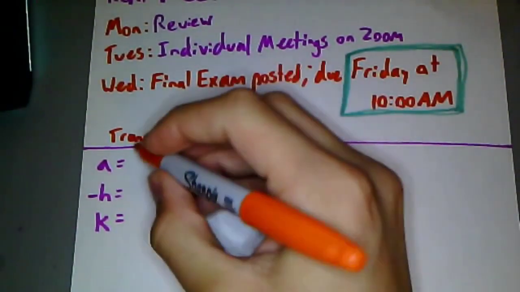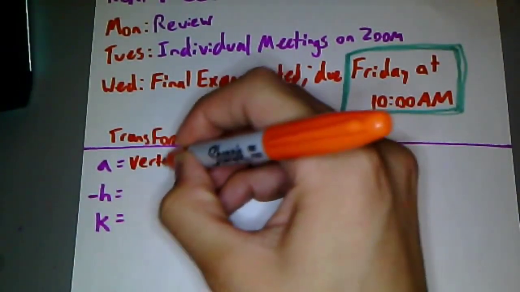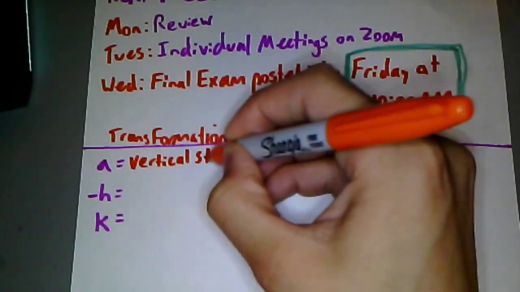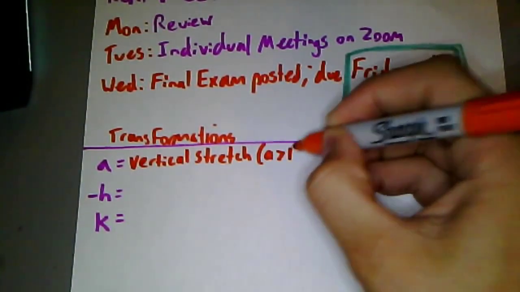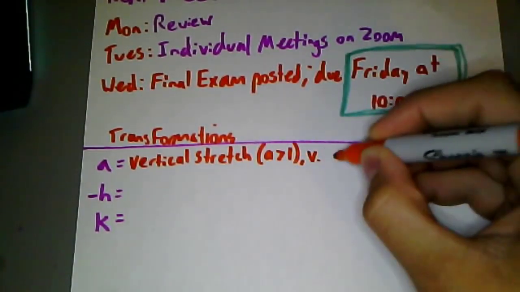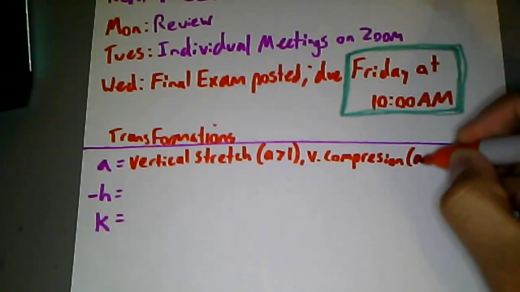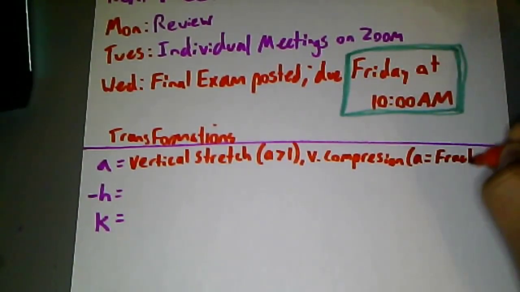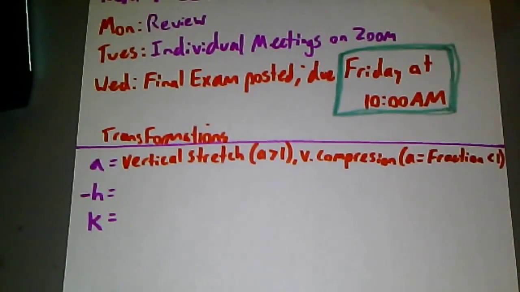For one, the most common was it would either give us a vertical stretch, and that was if A was bigger than 1, and then it could also be a vertical compression if A was a fraction, less than 1. In other words, if A is 2, it's a stretch. If A is 1/2, it's a compression.